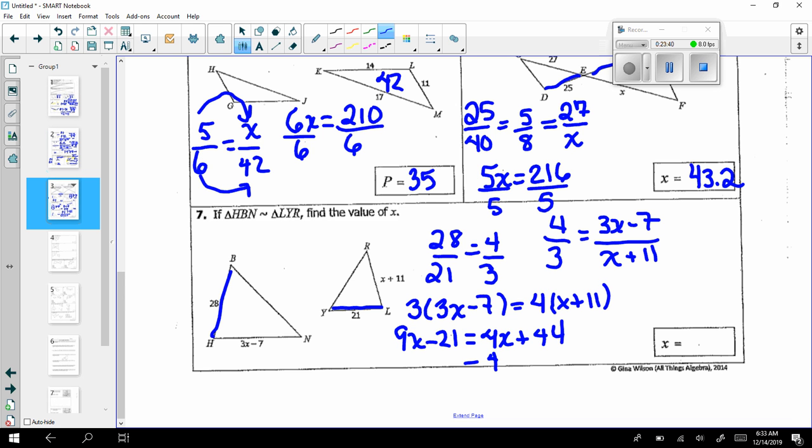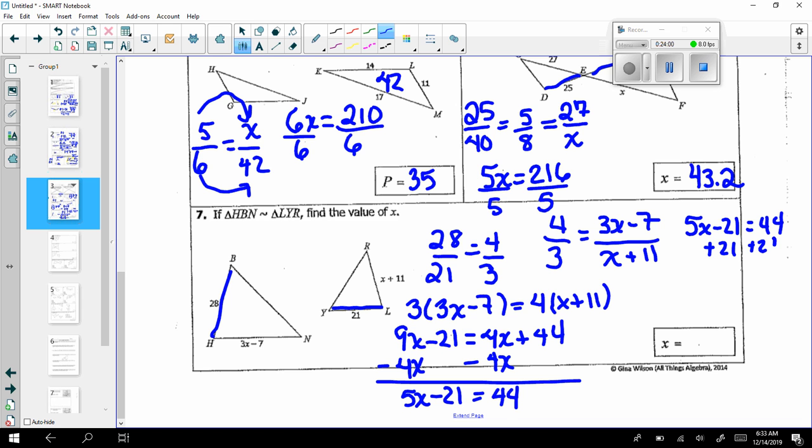I take away 4x, and I get 5x minus 21 is equal to 44. I add 21, so I get 5x is equal to 65. Divide by 5, x is equal to 13.